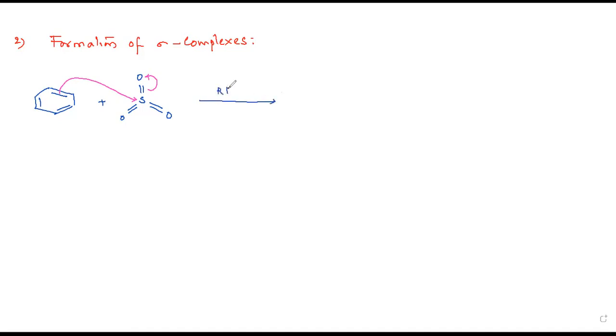Now this step is the rate determining step or the slow step of the reaction. Now, let us take it this way. HSO3 but with a minus charge because the bond has migrated towards oxygen, gets a negative charge, right?